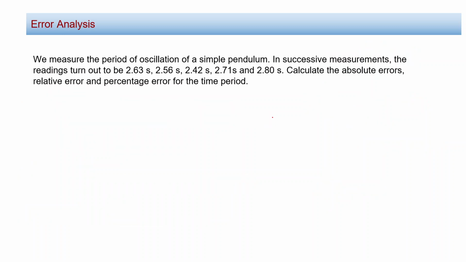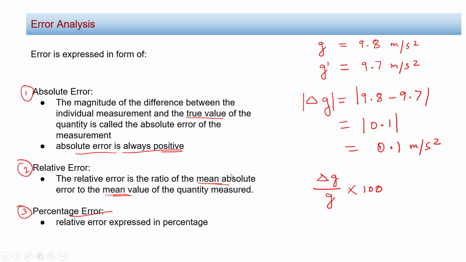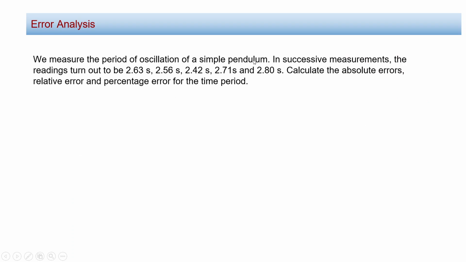So let's understand with this example why we were talking about mean absolute error or mean value here. One term we were using till now was true value. This is valid for things that we know, like acceleration due to gravity, its value we know.